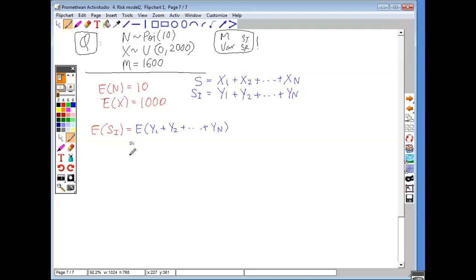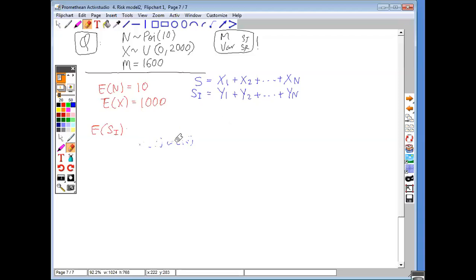Remember, we can actually save ourselves all of the trouble of deriving that the expectation of SI is just going to be the expectation of Y times the expectation of N, right? Because we'll be meeting a random variable N here, so we'd have to use the law of iterated expectations and go through everything again just to derive this. So I'm going to use this directly here, and you can also use it directly. You need not sit and derive and take double expectations every single time, okay?